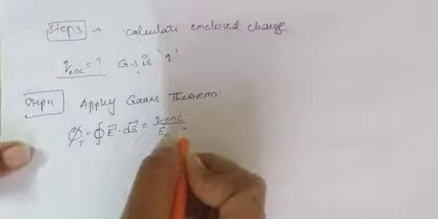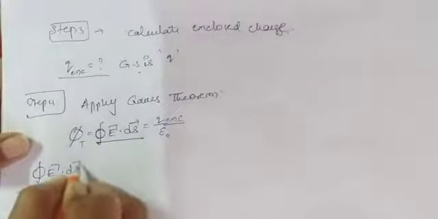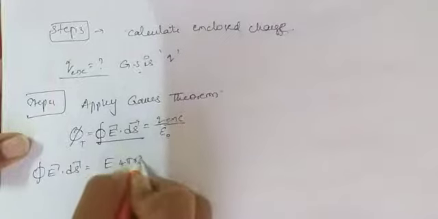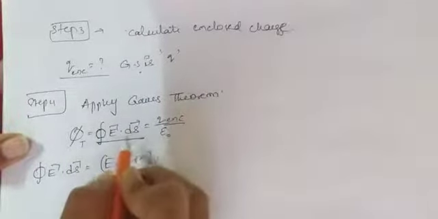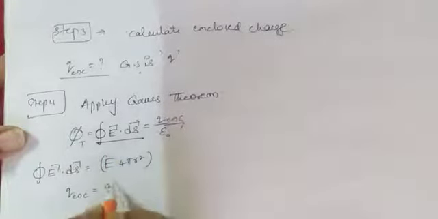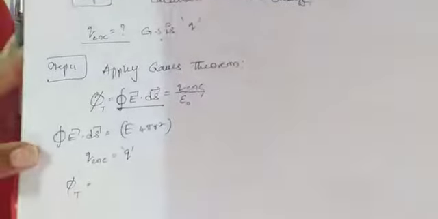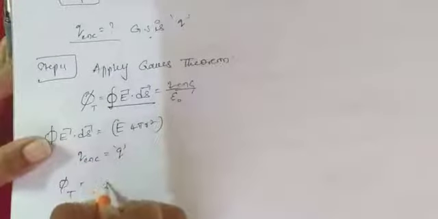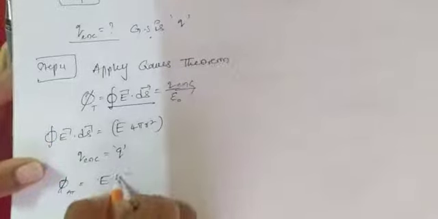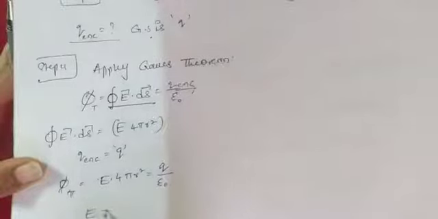Now by putting in the values, the left hand side, the integration of E bar dot ds bar, is E into 4 pi r square, and Q enclosed is Q. So E into 4 pi r square is equal to Q by epsilon naught. So E is equal to 1 by 4 pi epsilon naught into Q by r square.